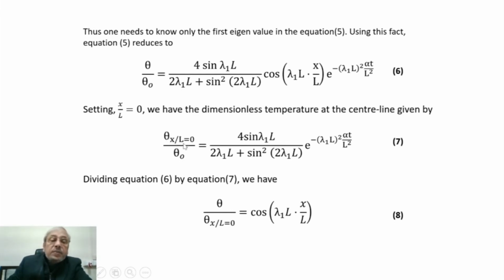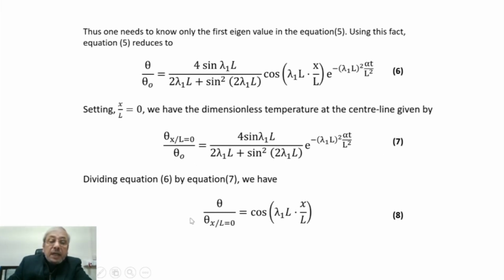So theta at x by L equal to 0 by theta naught, this expression is reduced to 4 sine lambda 1 L divided by twice lambda 1 L plus sine twice lambda 1 L, into e to the power minus lambda 1 L square alpha t by L square. And if we divide equation 6 by equation 7, then we get another important relationship.